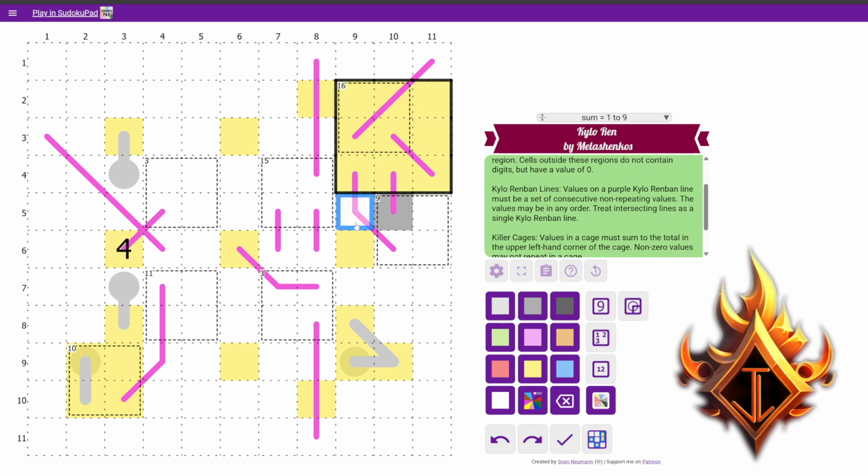I think this is broken though. And if that was 0, then that would have a 1 or a 2 there, and that would have to be a 1 or a 2. So that would have to be yellow. But then that would still have to be a 1 or a 2, because now the box can't go that way. So that would still be 0, and that would still be a 1 or a 2, which would also be there.